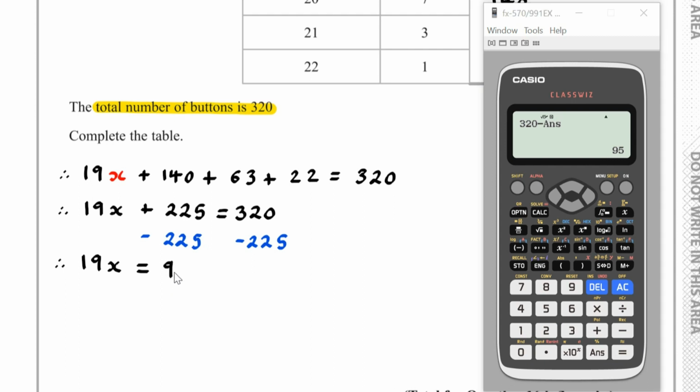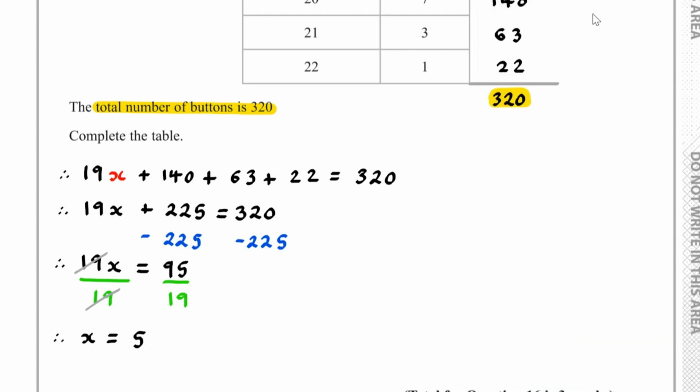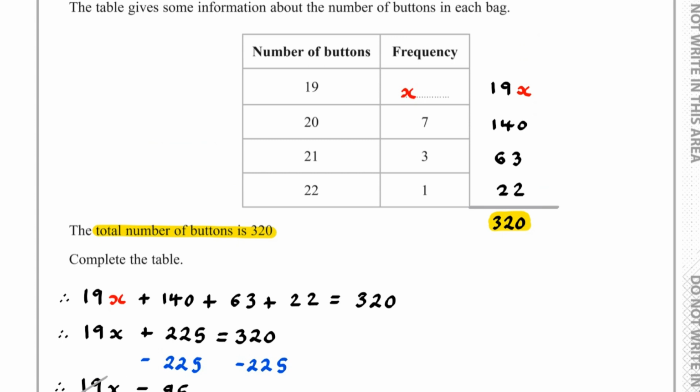And now if we divide both sides by 19, what we will end up with is 5. So x is equal to 5. So when we complete the table, we can write over here the frequency for 19 buttons is 5.